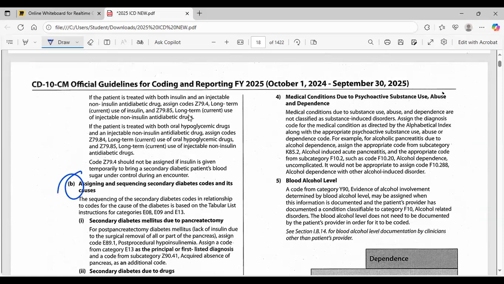Then we have E13 whenever the patient has diabetes due to pancreatectomy. In that case, what you will do? You will use E89.1 at the primary position, followed by E13, and then you will use Z90.41 to represent that the patient does not have the pancreas.